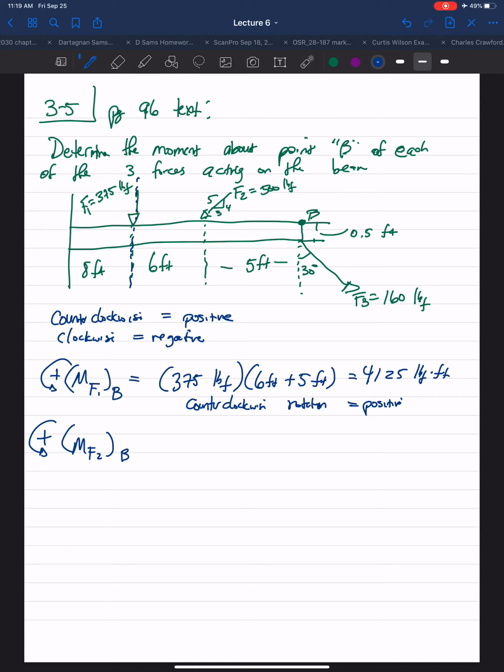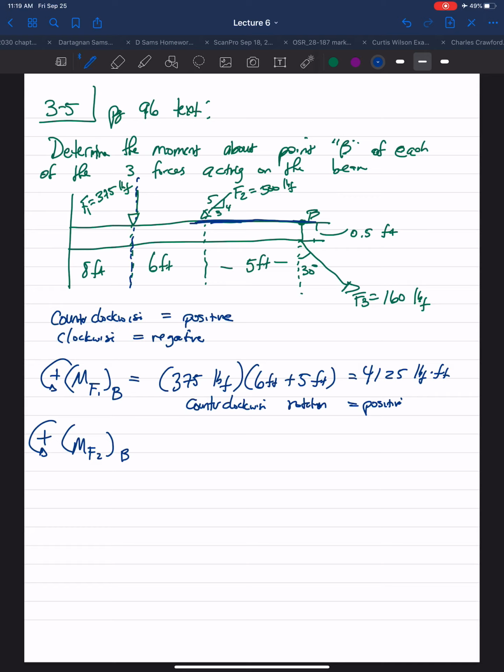Now the horizontal component of F2, as you can see, its line of action runs through point B. So therefore, it will not cause a moment about point B. There has to be a perpendicular distance between the line of action of the force and the point about which you're trying to cause a rotation. So we can eliminate the horizontal component.